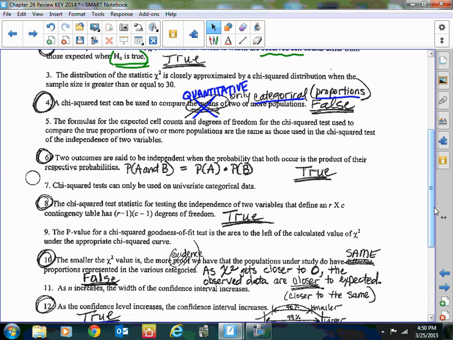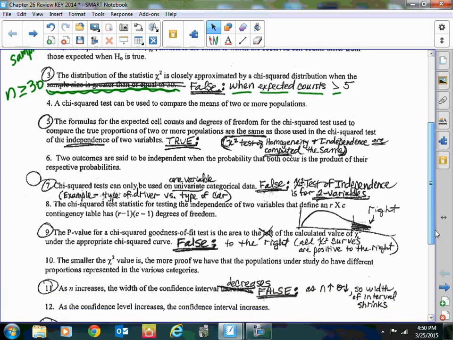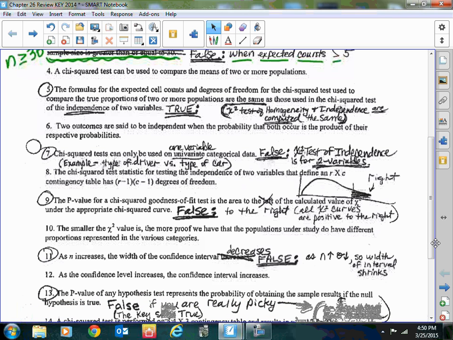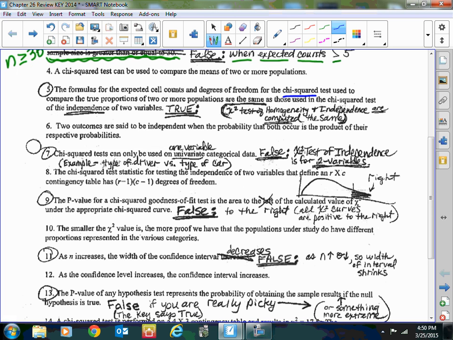All right, number 5: the formulas for the expected cell counts and degrees of freedom for the chi-squared test used to compare proportions of 2 or more populations, so either the chi-squared test of homogeneity or independence, are the same as those used in a chi-squared test of independence.